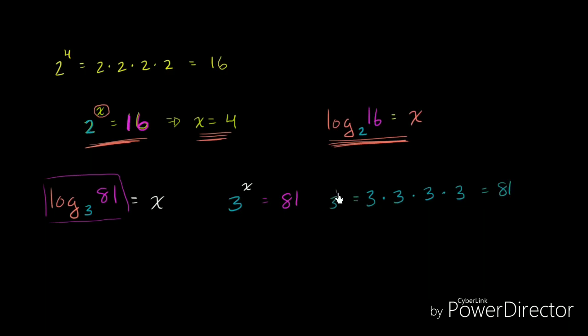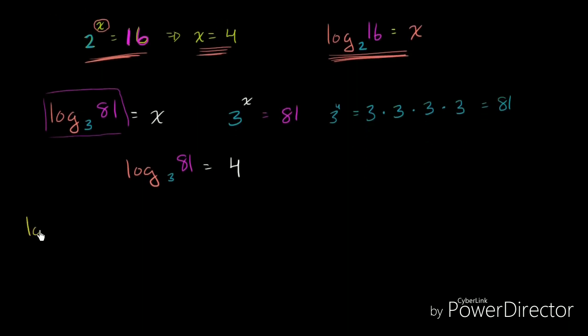Therefore, the value of our x is 4. So log base 3 of 81 is equal to 4, since 3 raised to 4 is equal to 81.